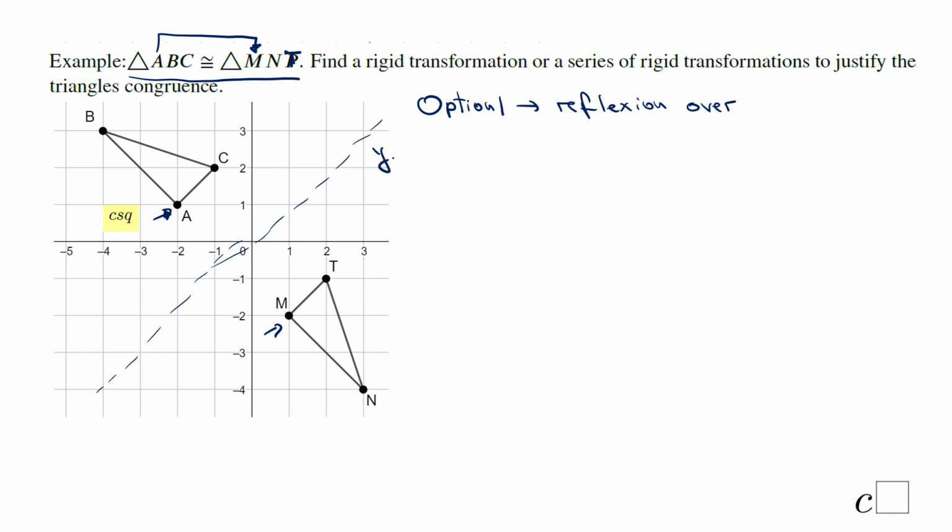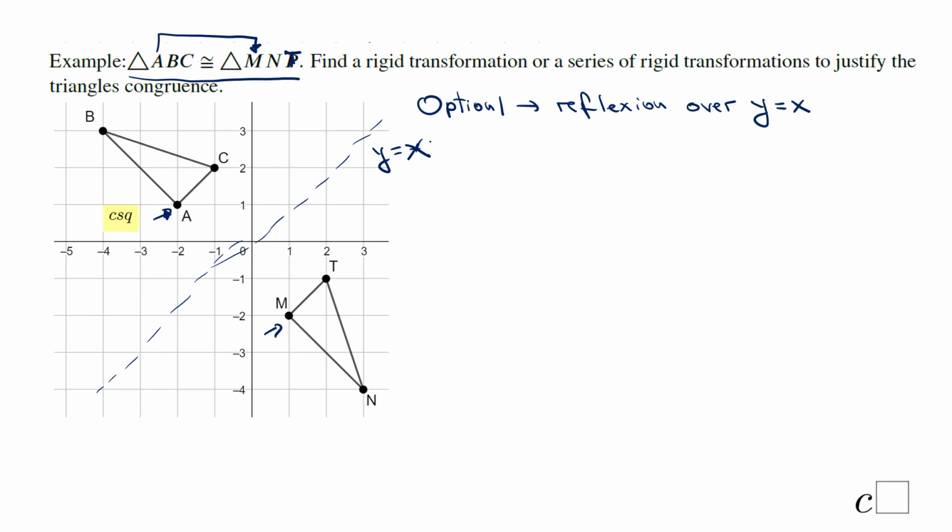That is y equals positive x, I'm sorry. Okay, so this is an option. Yes, I can reflect triangle ABC over y equals x, and I will map it on top of triangle MNT.